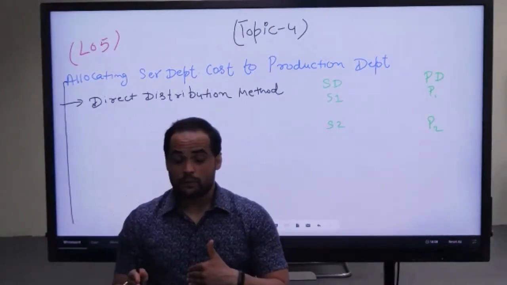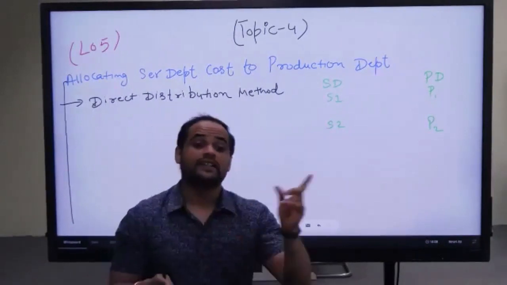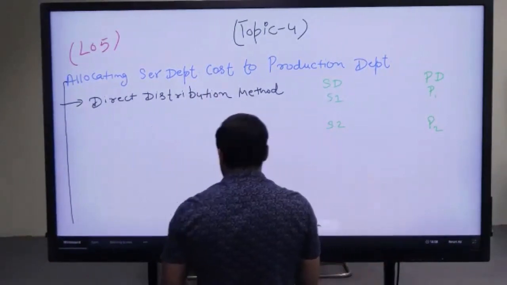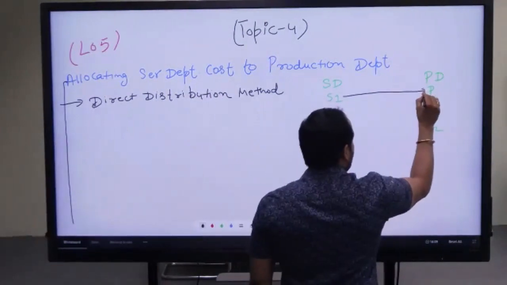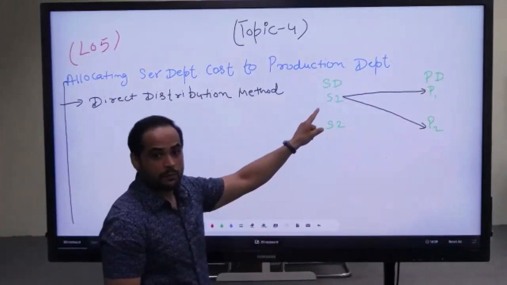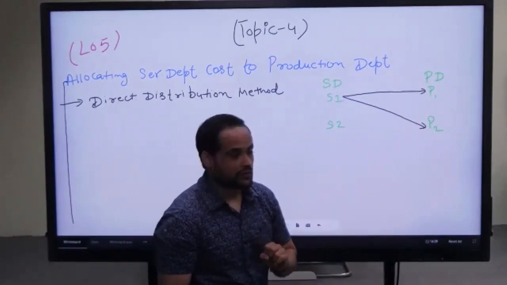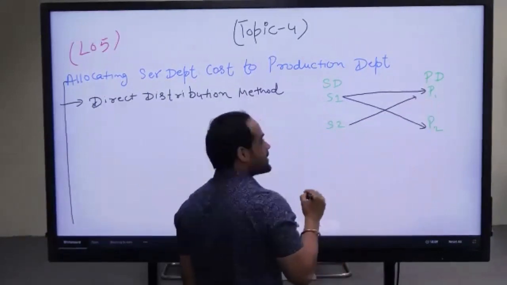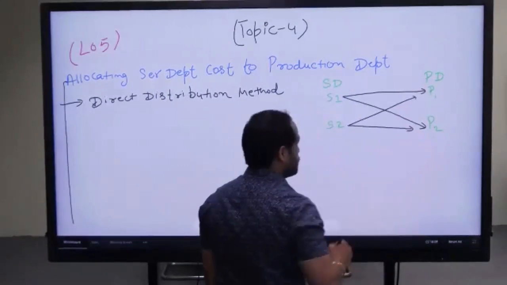Service department is not providing service to another service department. All right. So when a service department provides service to production departments, let's say service department 1 is providing services to production department 1 and production department 2. All right. Same thing, service department 2 provides services to production department 1 and production department 2.